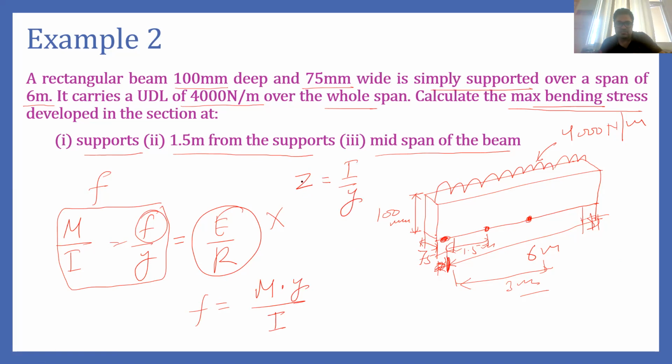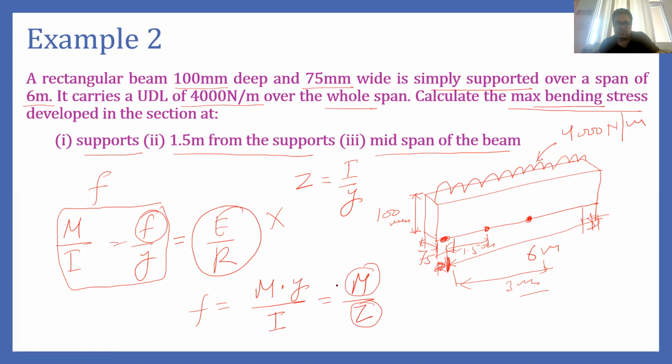Z is section modulus. So we can find out stress with the calculation of Z also. So we can write this as M by Z. So basically we have the simple formula for the F value. F is equals to M by Z. M is the bending moment and Z is the section modulus.